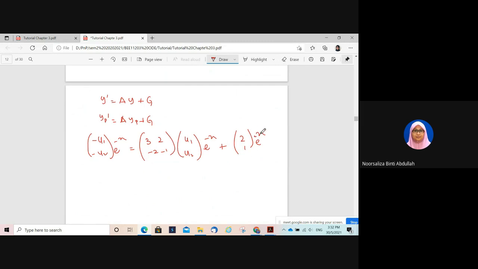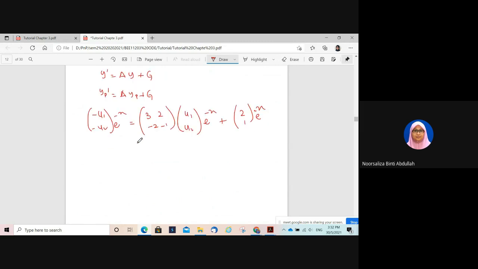Okay, so this one, pemudahkan yang ini. 3U1 plus 2U2, minus 3U1 minus U2, exponent minus X plus 2, 1, exponent minus X. Betul?